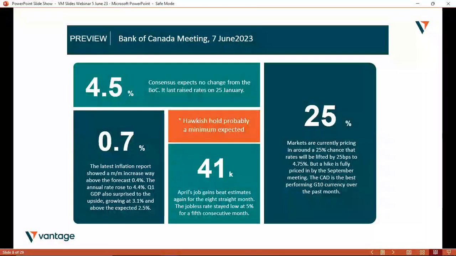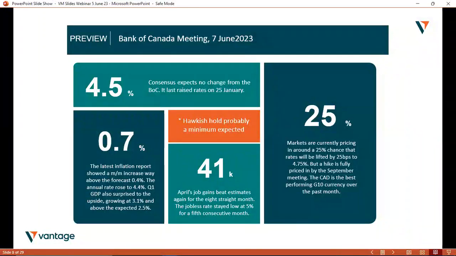Money markets are pricing in a probability of around 30% now. So 70% chance that they stay on hold, 30% chance or so that they lift rates by 25 basis points, which would move them to 4.75%. Now we are fully priced for a hike by the September meeting.